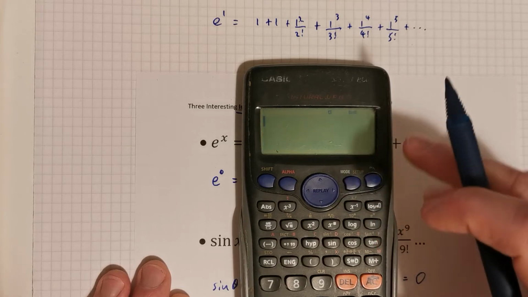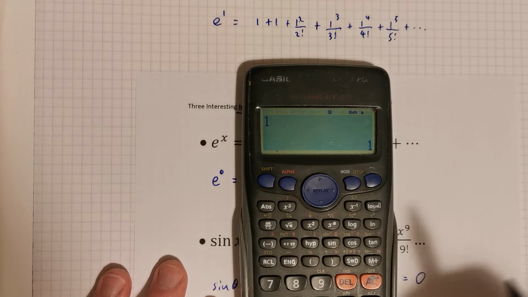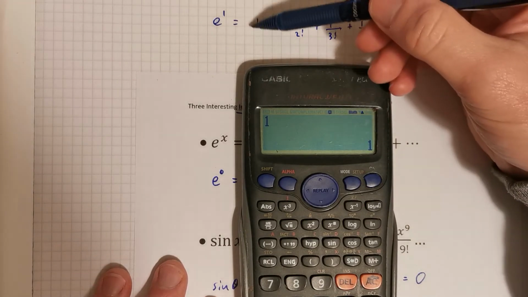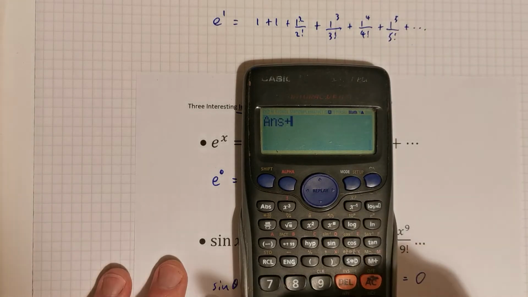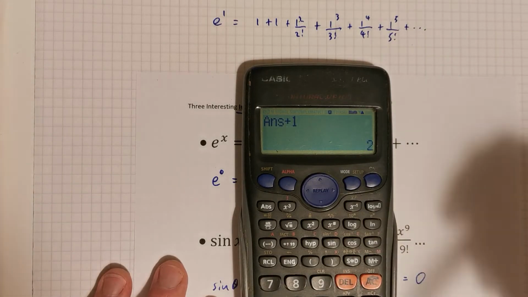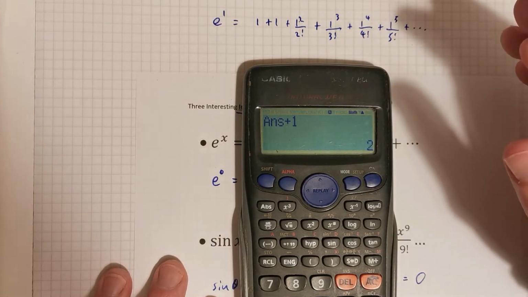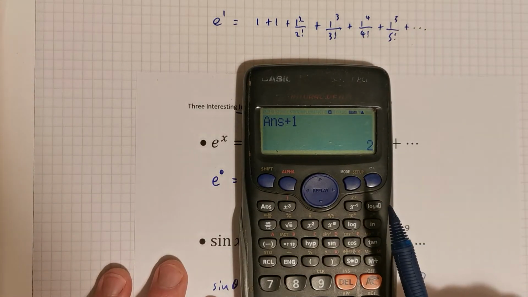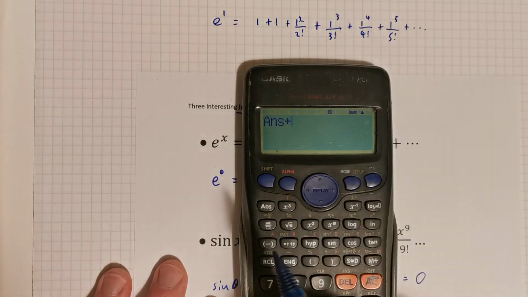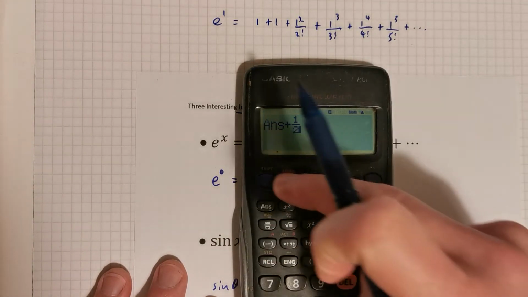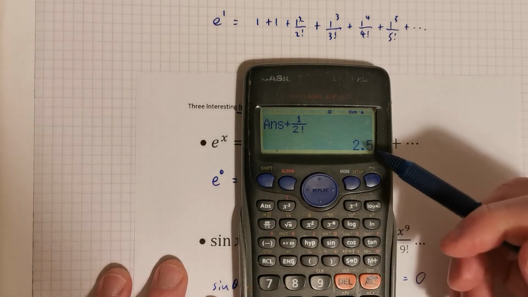But if we take our Maclaurin series and look at each term, if we just take the first term, which is 1, it equals 1, and that is not a very good approximation for e. But if I add in the second term, adding in 1 there, we get 2, a better approximation for e. Remember, e was about 2.718. If I add in the third term, 1 squared over 2 factorial, of course 1 squared is just 1, so we can think of that as 1 over 2 factorial, we get 2.5.